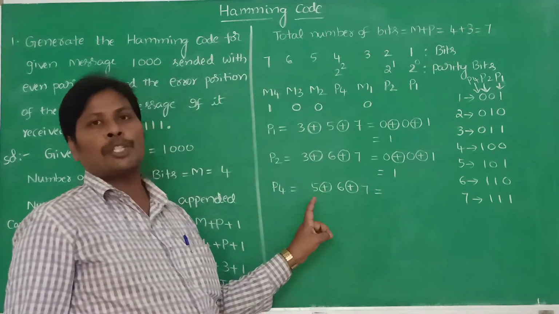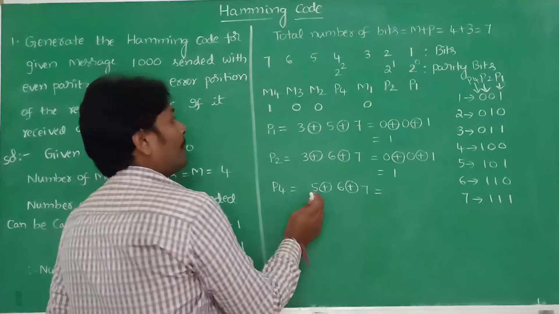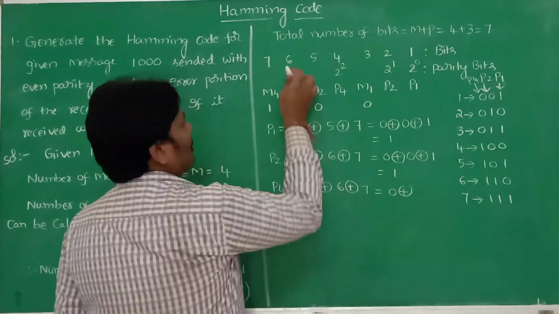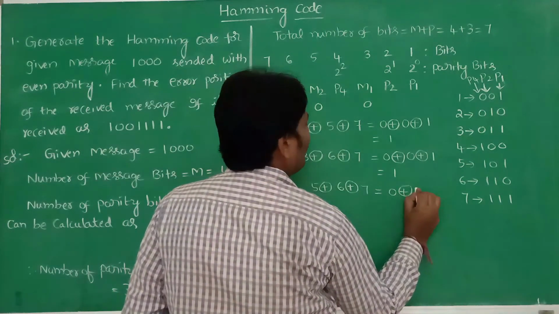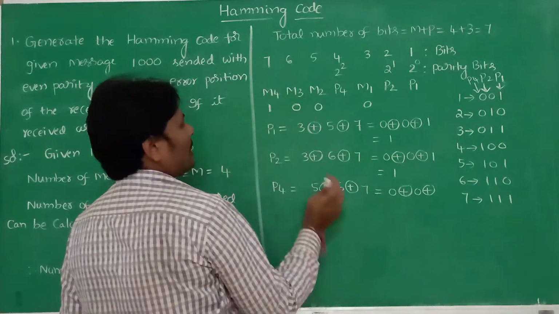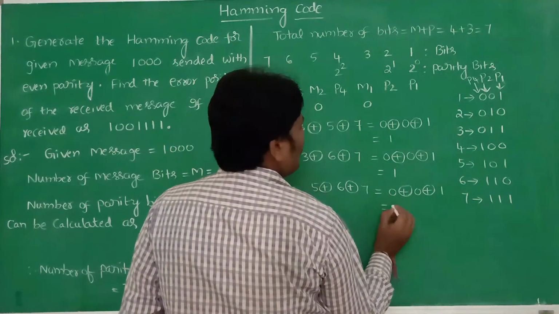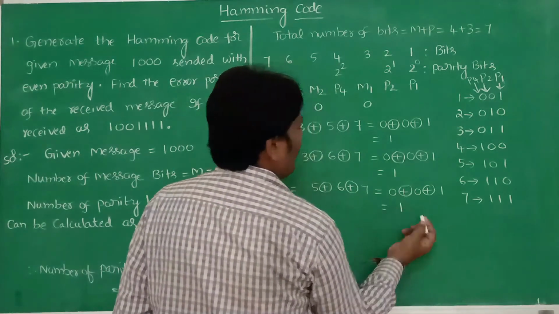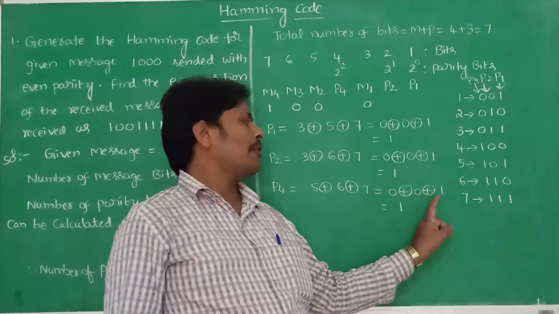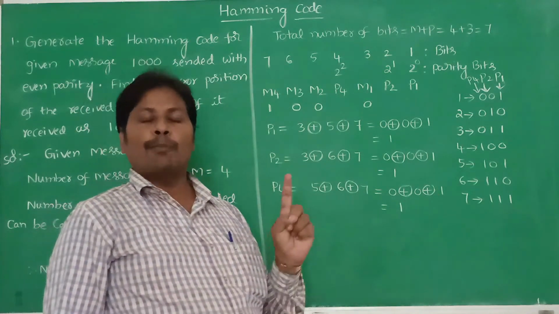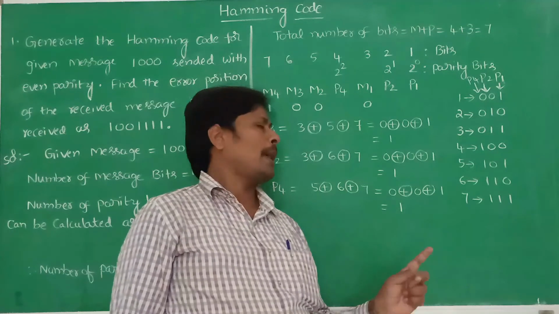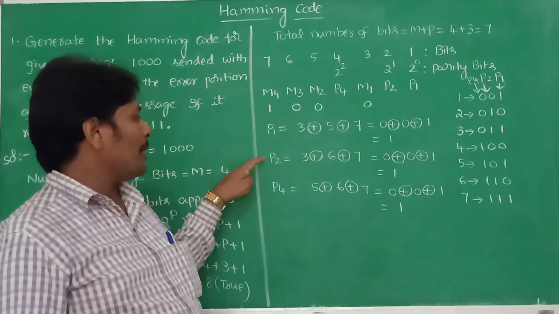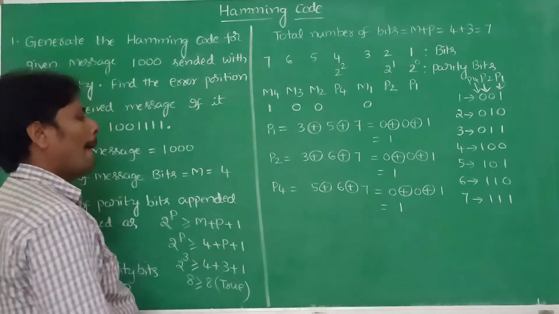Now what is the message value at these positions? At the fifth position, 0. At the sixth position, 0. At the seventh position, 1. So 0 exclusive OR 0 is 0, 0 exclusive OR 1 is 1. Here also, how many ones are there? A single one. It becomes odd parity. To become even parity, we add 1 extra bit. Once we have calculated P1, P2, P4, now we have to write the message.